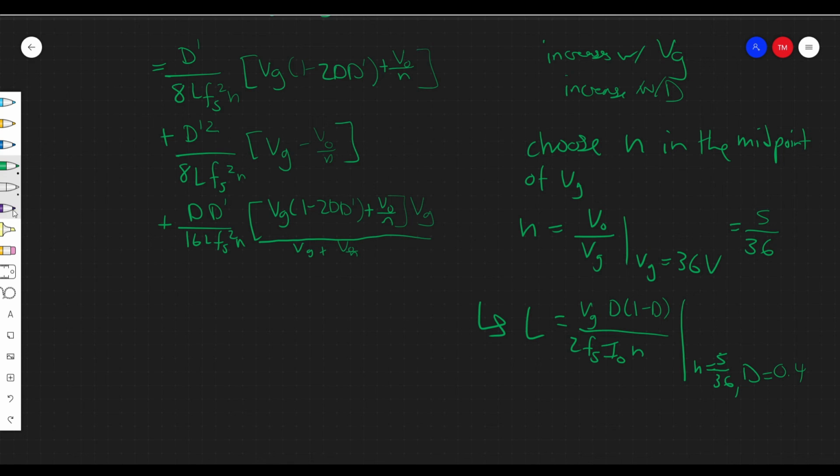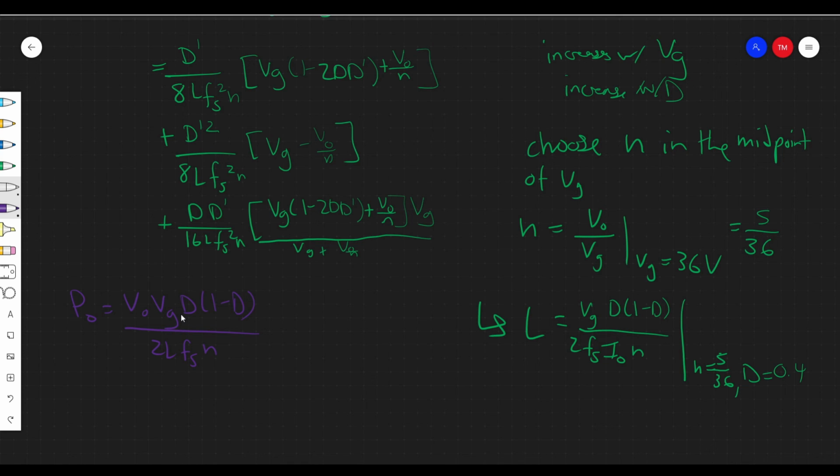When Vg is high, think about P out. If Vg is high, then we can send more power, because it's proportional in this equation. As Vg increases, P out increases, which means that L doesn't have to be that big.